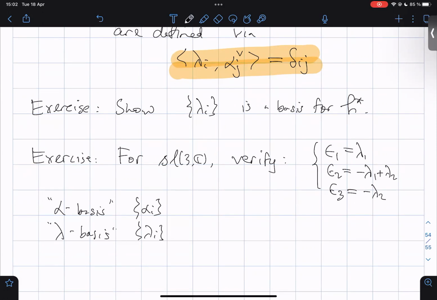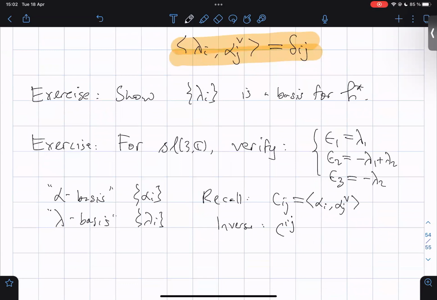Now recall we had this important matrix called the Cartan matrix. Let's define its inverse with upper indices. So C upper ij is C lower ij inverse.